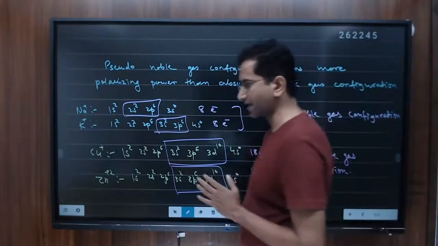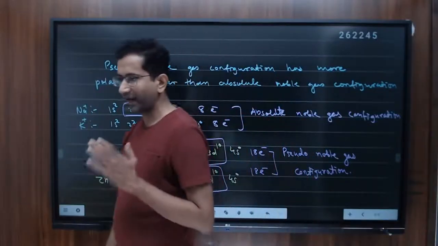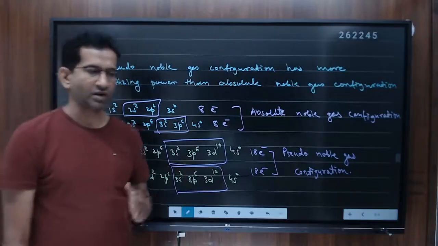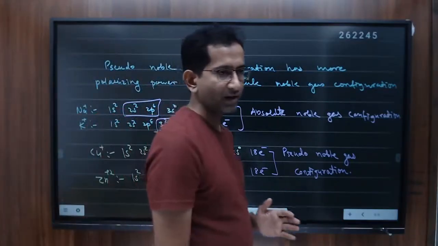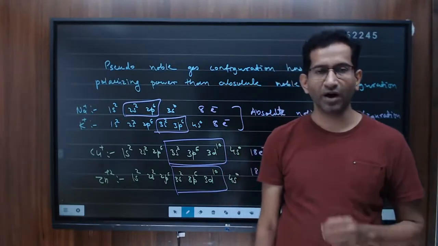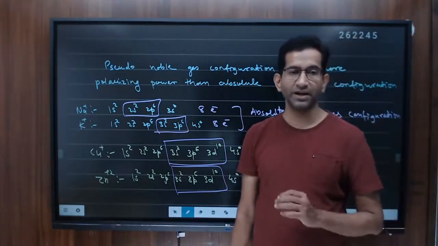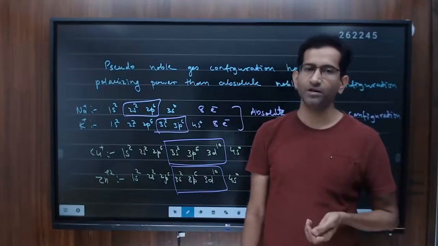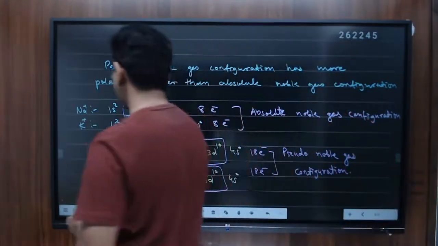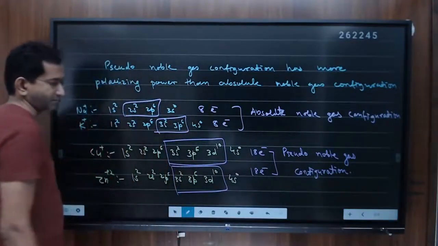What Fajan concluded is, whenever there is a comparison between the cation of absolute noble gas configuration and pseudo noble gas configuration, it is found that pseudo noble gas configuration has more polarizing power, it has more covalent character. So if you have noted down this, we can go to the examples.